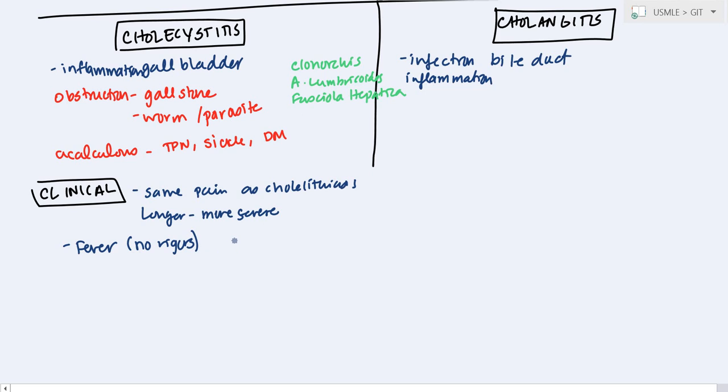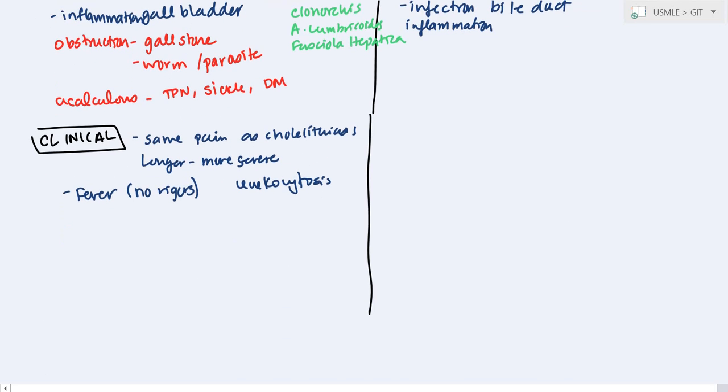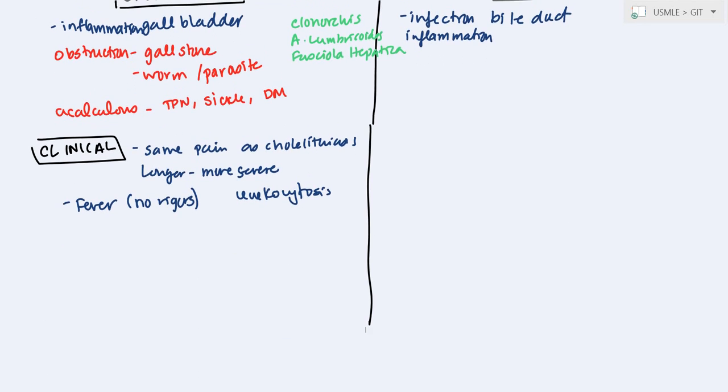And of course, you're going to have leukocytosis, which you would see in your lab investigations. It wouldn't be a symptom per se. But these are the kind of defining features that help you differentiate cholecystitis from cholelithiasis. Now, the other thing here, you can get a gallbladder mass, but this is generally a late finding, and this is associated with jaundice.